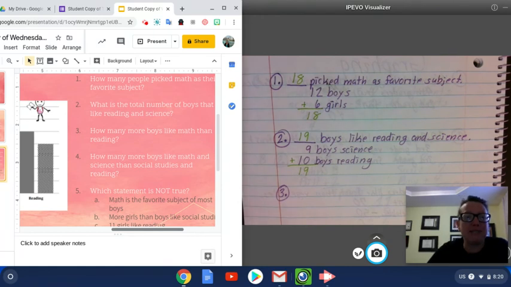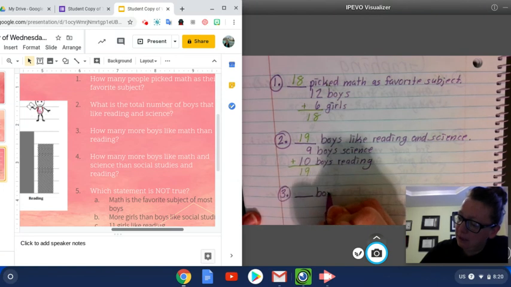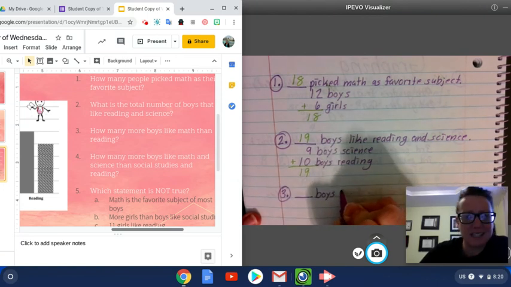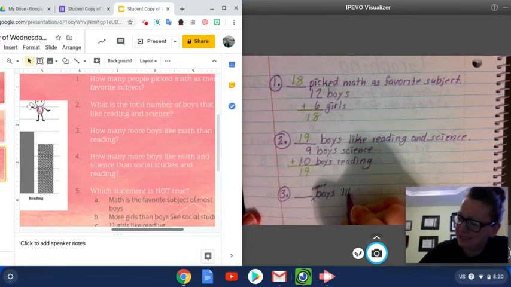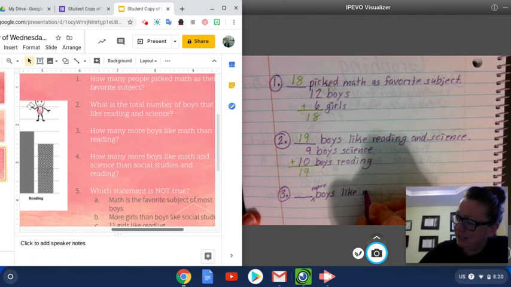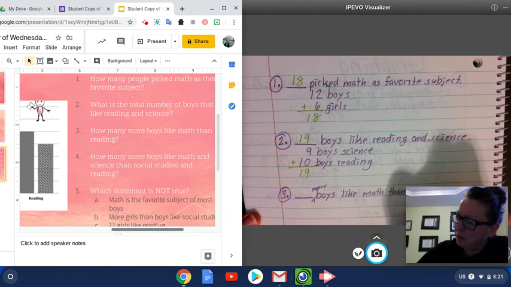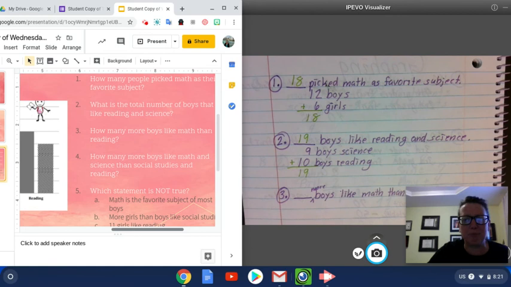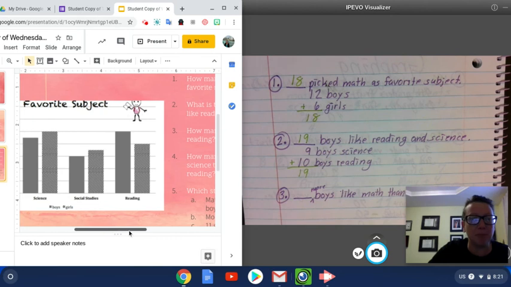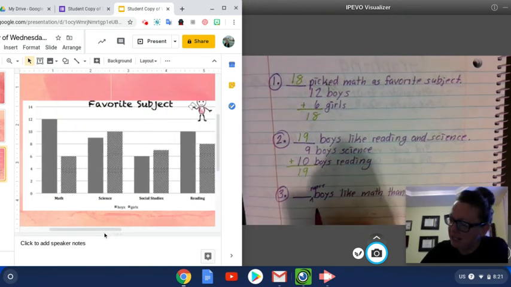How many more boys like math than reading? Blank more boys like math than reading. So I should already know, are more boys going to like math or reading? Great, math, because it says how many more boys like math than reading.